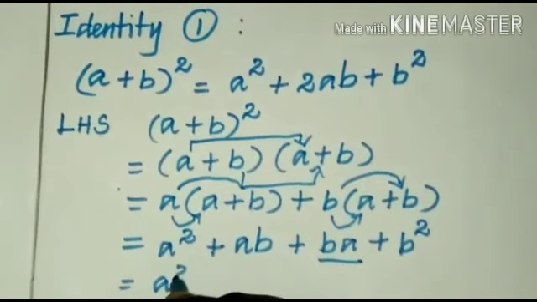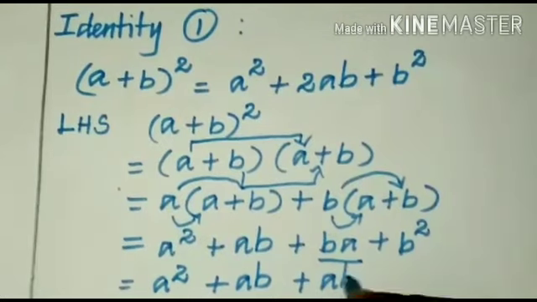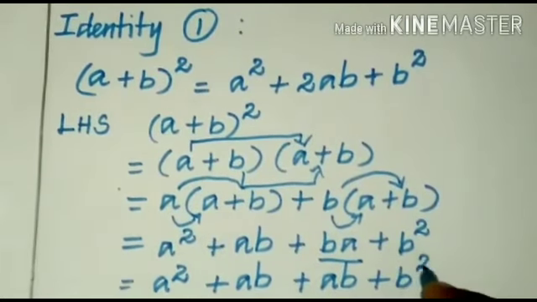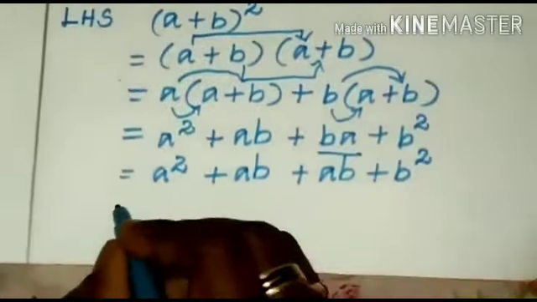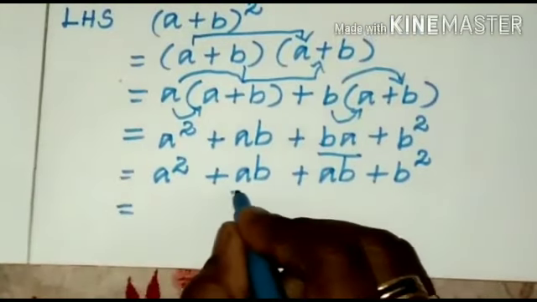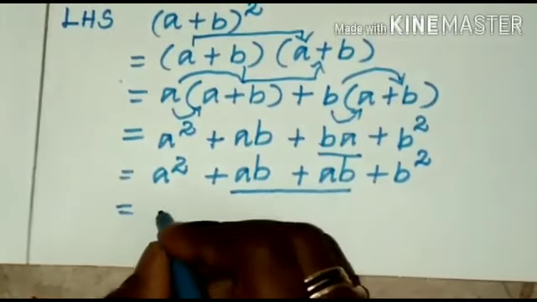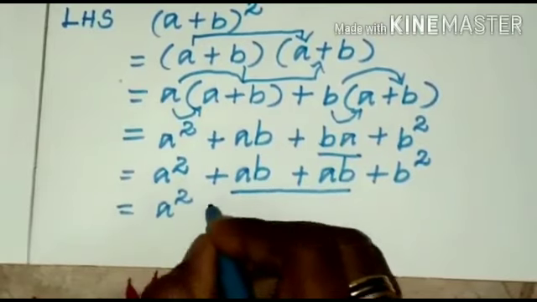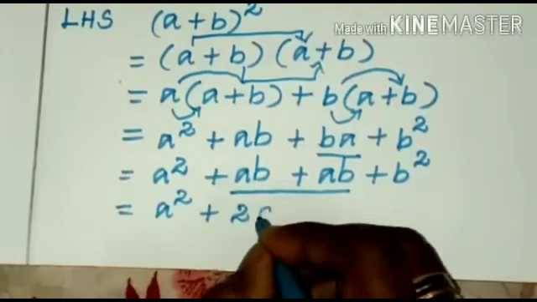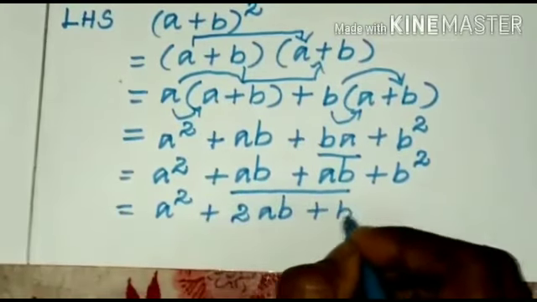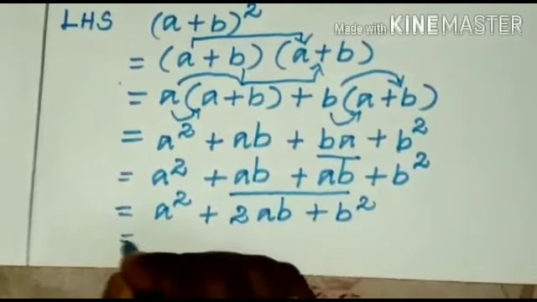So a square plus ab plus ab plus b square. Now you see that line. What are the like terms? ab and ab. So now you add them: a square plus 2ab plus b square. So we get the right hand side.